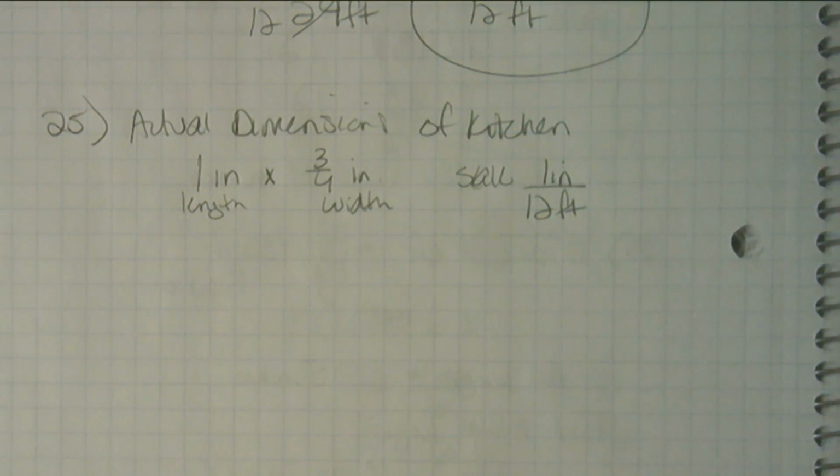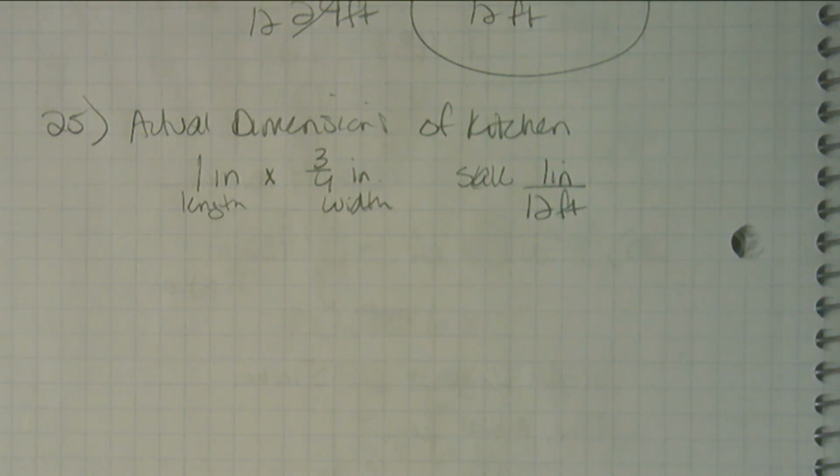Everyone look here at me. When you're given dimensions on a drawing and you're trying to find out what that dimension or dimensions are in actual, you have to set up a proportion for each dimension. Do you guys understand that? If I gave you the dimensions of this room, and I said, using a scale of 1 inch equals 10 feet, what would the dimensions be on the drawing?